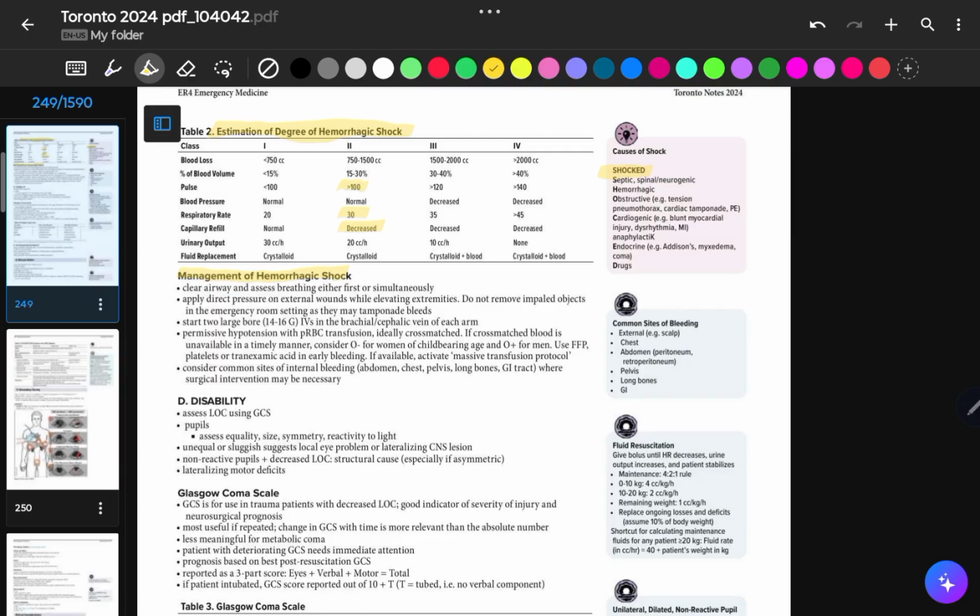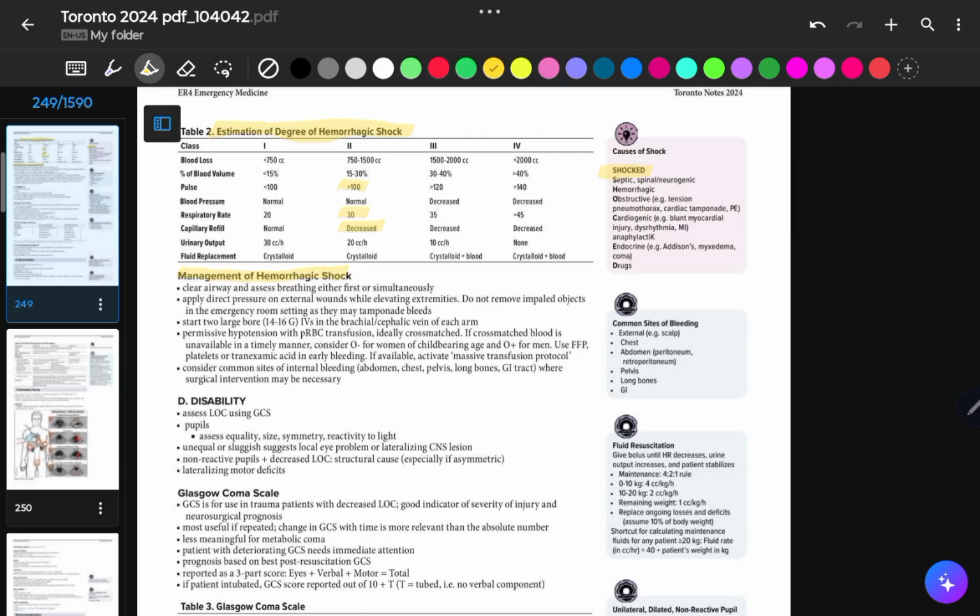So if the patient was stabbed with a knife, you do not remove that in the emergency room. You need to actually stabilize the limb, and then this patient needs to be taken to theater. Impaled objects are only removed in the OR. You want to start with 2 large bore IVs, in the brachial or cephalic veins, of each arm.